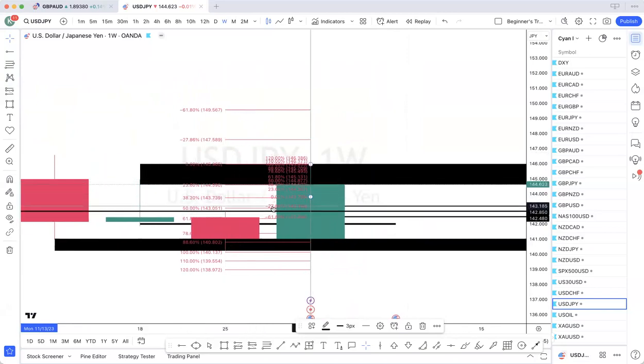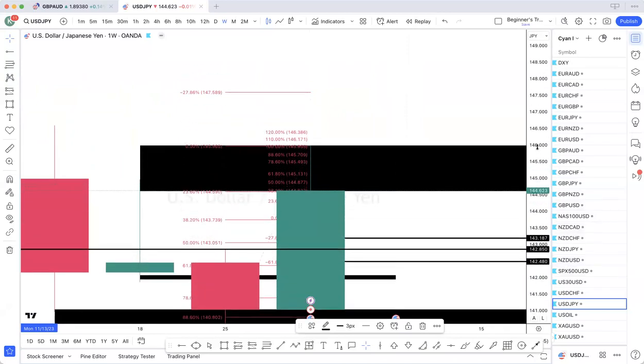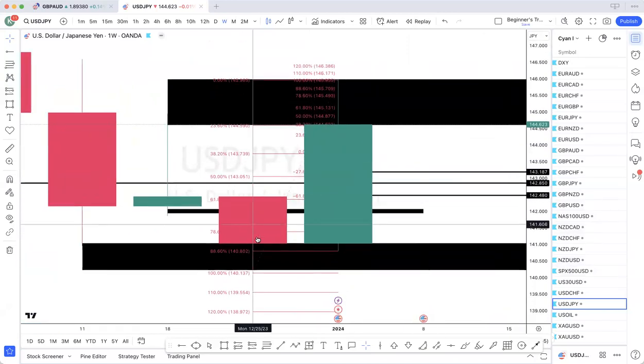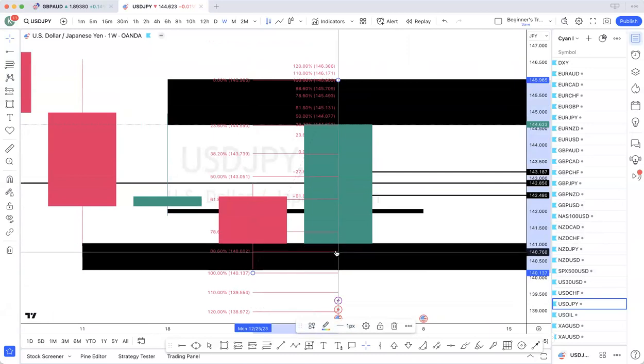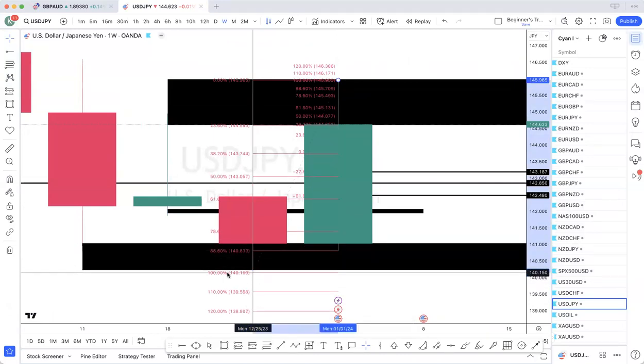So we had a 50%, 618. It's 78. It may come back to the 78. It could come down a little further.